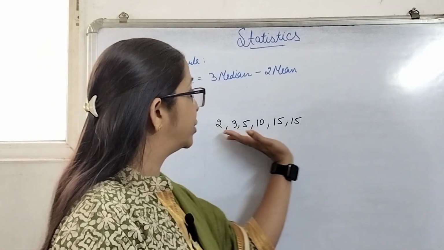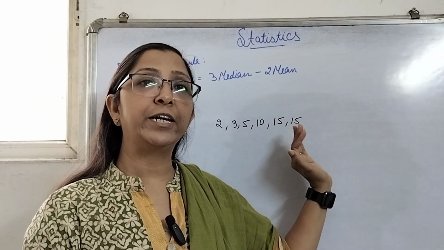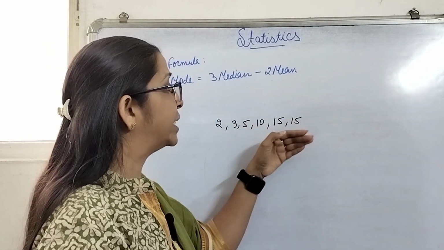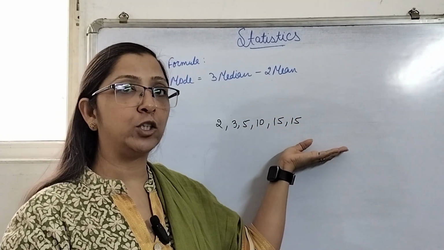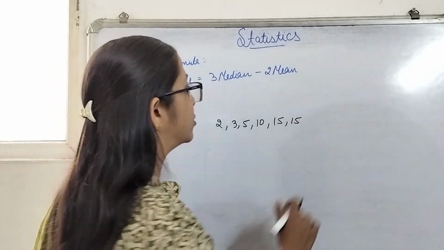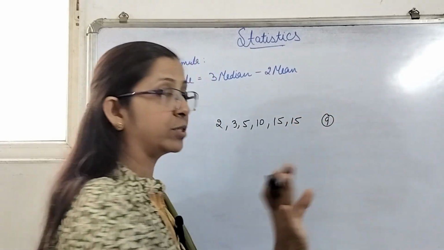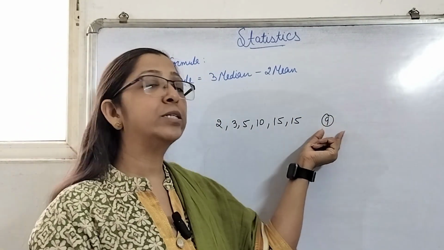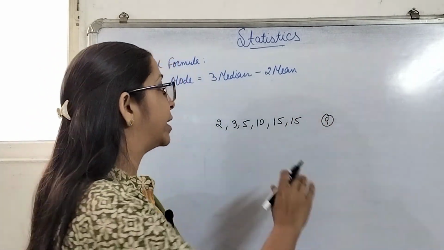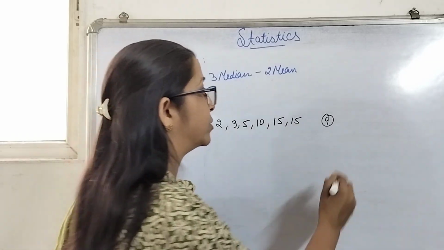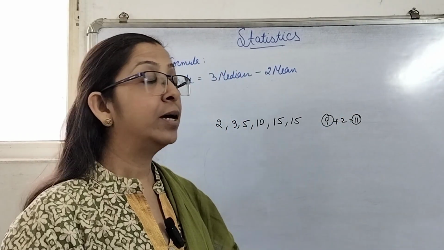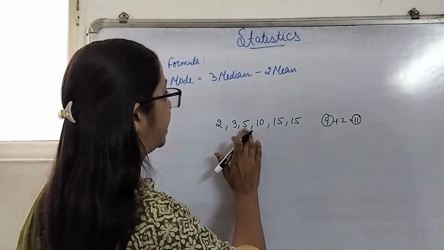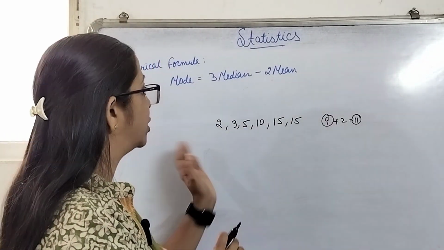So if I increase all the observations by 2, then whatever the mean was before adding 2, suppose your mean was 9 initially, I have not calculated it, suppose it is 9, then after adding 2 to all the observations, it will also increase by 2 and become 11.